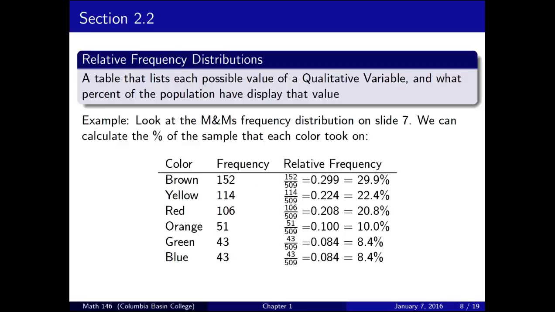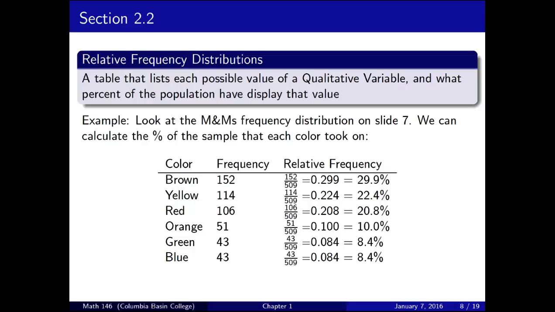In a relative frequency distribution, rather than listing the counts, like how frequently they popped up, you list the proportion or percentage of time that each category popped up. If you look at our M&M's frequency distribution from the past slide, we can convert those counts into percentages.